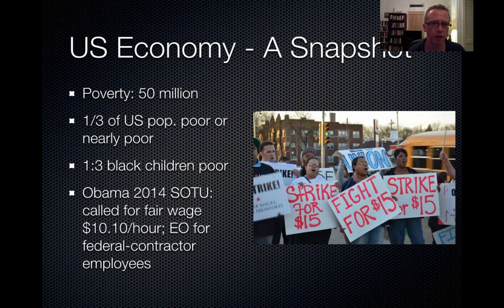Now, in this slide, which I've called the U.S. economy, a snapshot, I just wanted to give you guys an insight into some of the things going on. The division of labor here is to focus on the nature of the economy. Later on in the semester, we'll come back to the economy. When we talk about popular movements, we'll talk a lot about the Occupy movement. We'll talk about people striking for minimum wage. If you follow the news at the moment, there are fast food workers out on strike. Last year we had workers from Walmart out on strike, looking for fair pay, for equal pay.